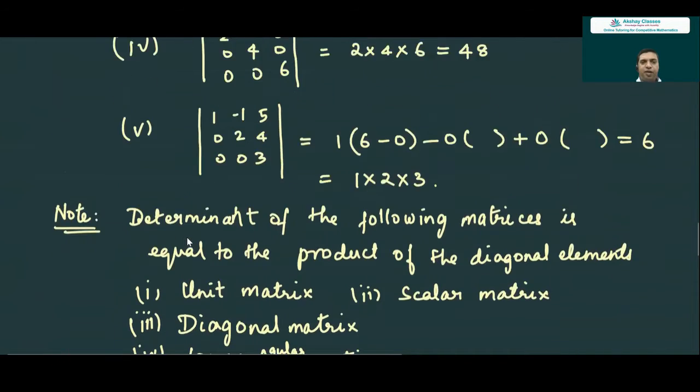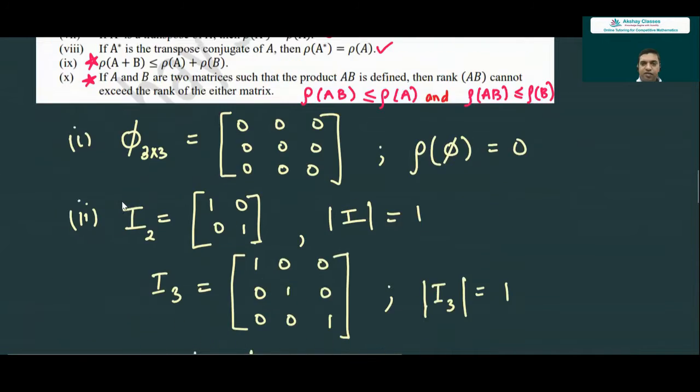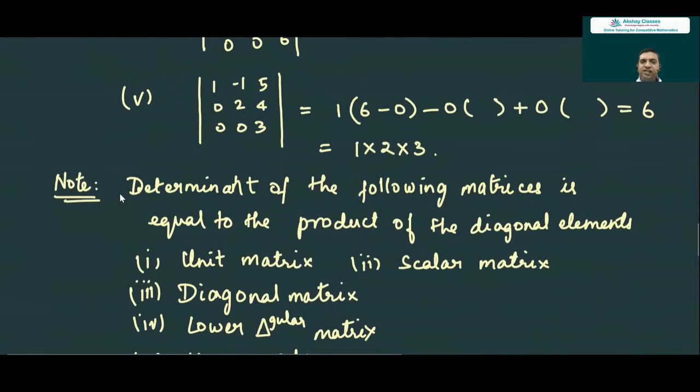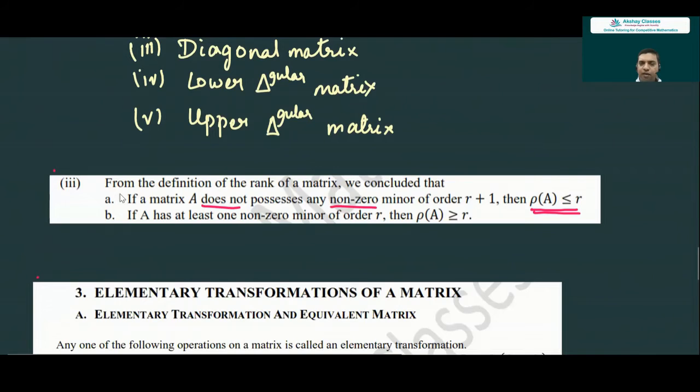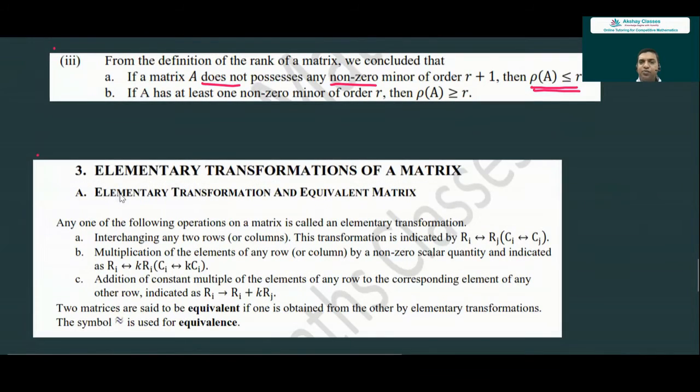Coming back to the rank, elementary operations do not change the rank of a matrix. So if two matrices are equivalent by way of elementary row transformations or elementary column transformations, their ranks will be equal.